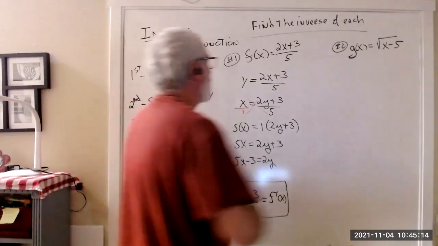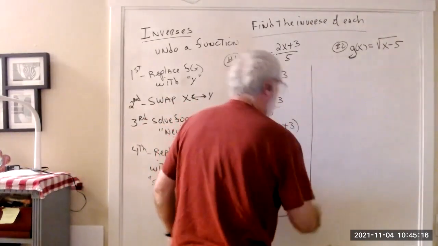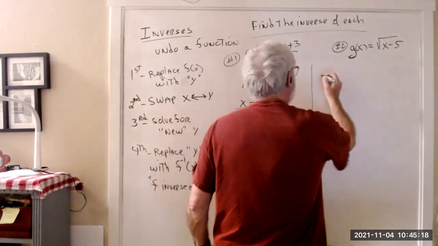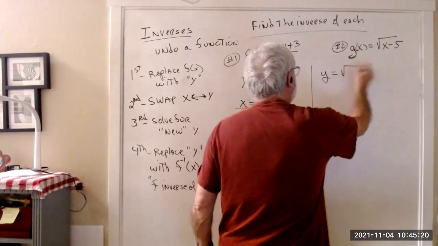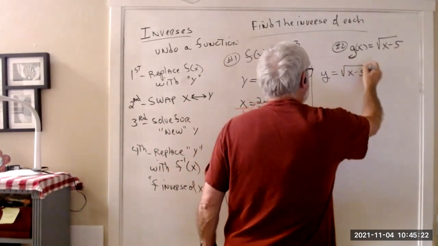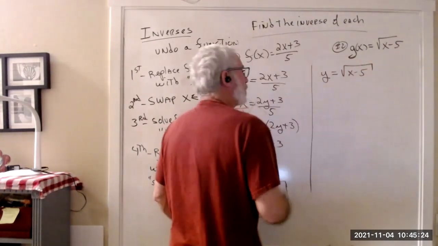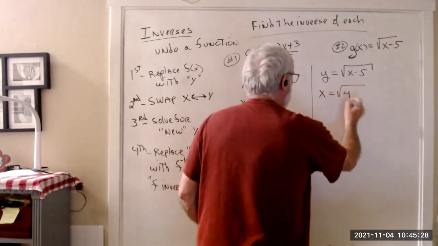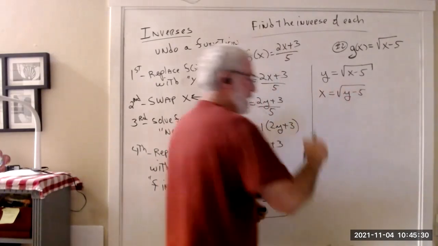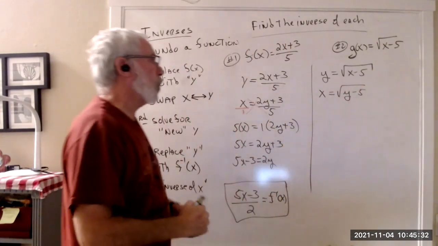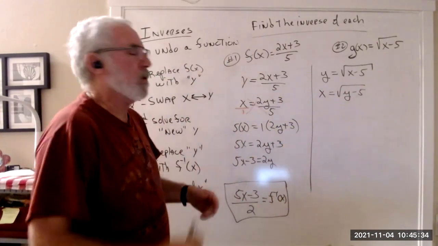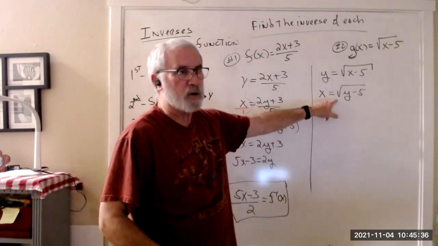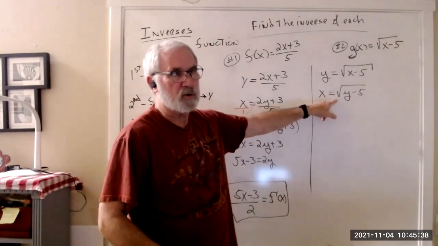Okay, now number two gets a little bit trickier. Again, we write it as y equals the square root of x minus 5. Swap x with y, so x equals the square root of y minus 5. And now you've got to get y alone. Well, wait, I've got to get rid of a square root symbol.